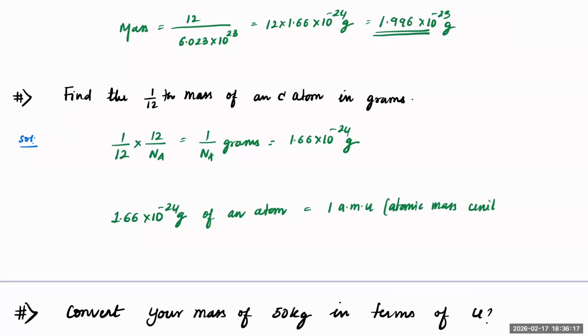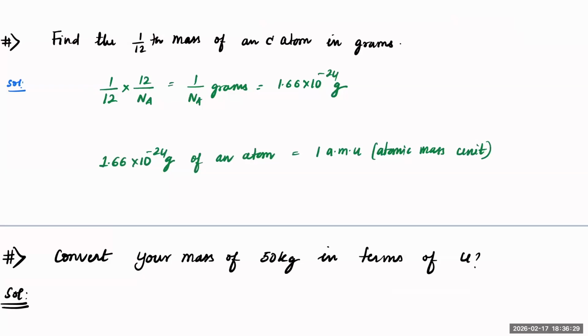So for any atom, if you have this much amount of mass associated with it, we say that it has 1 AMU mass. Or in the new definition, it is used as 1 u. u is called unified mass. So in short, 1/12th mass of carbon 12 is 1 AMU.